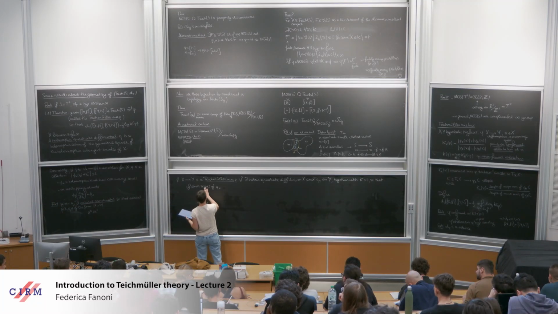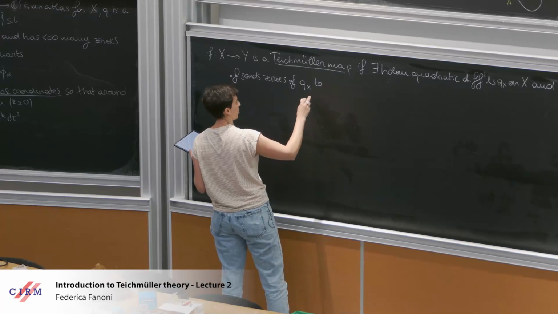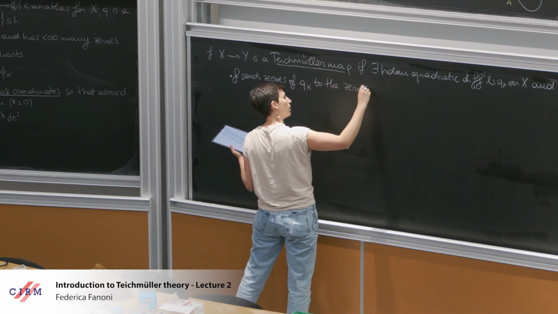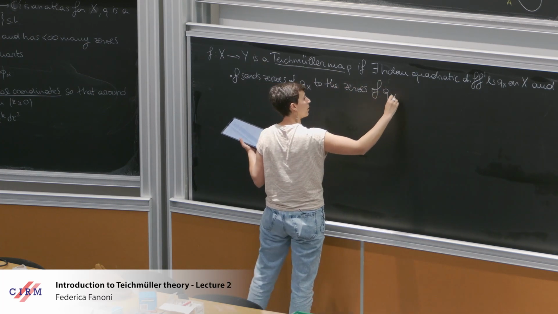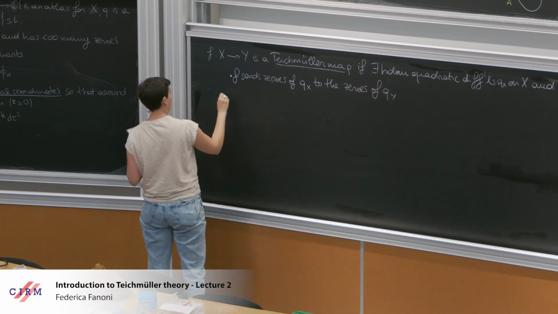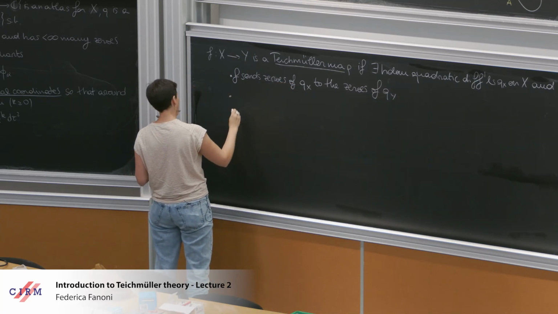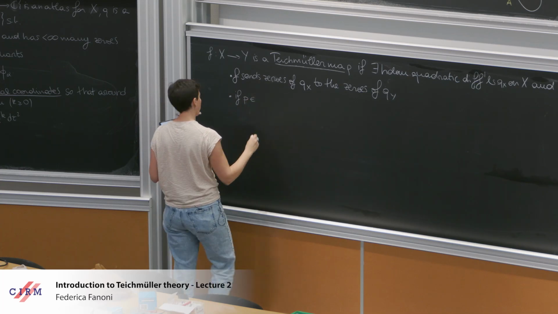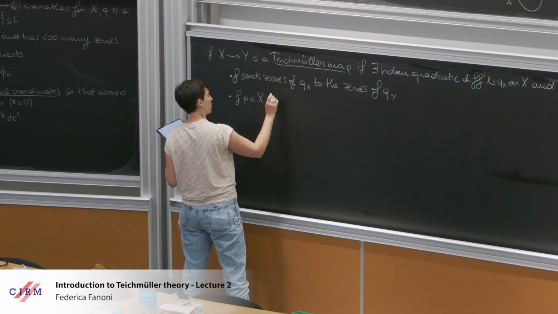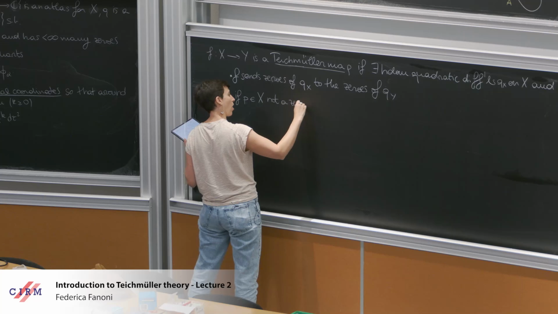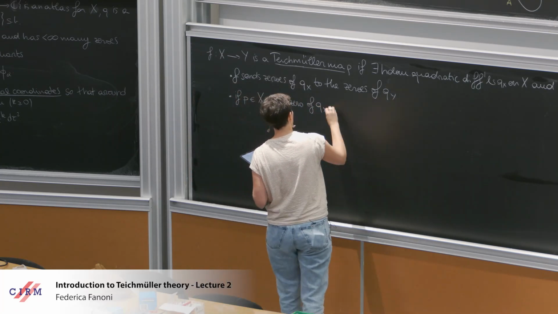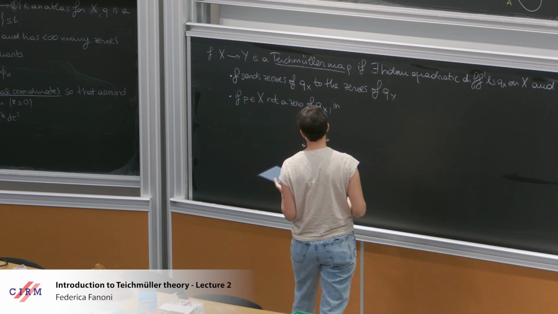And it sends those ones to the zeros of Qy. And then if P is not a zero, then in natural coordinates the map has a very special form.